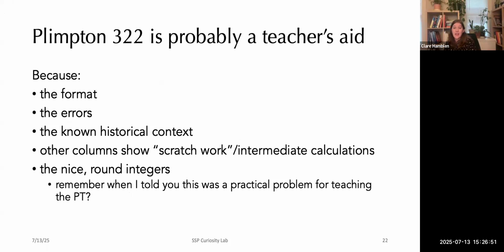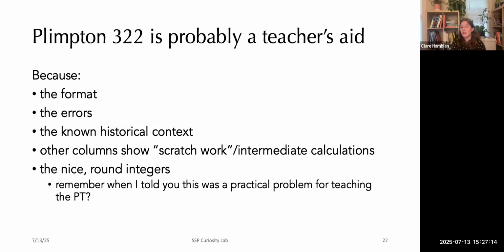So all this is to say, Plimpton 322 is probably a teacher's aid. Because of the format, it's an administrative document, not a mathematical one. Because of these innocent little mistakes. I'm thinking about everyone on the SSP campuses who's grading work and it's late and your eyes are blurry and you write something down wrong.